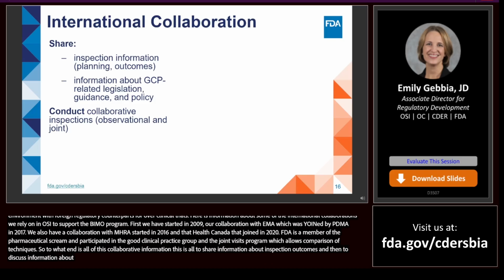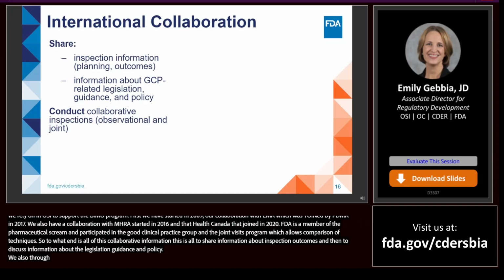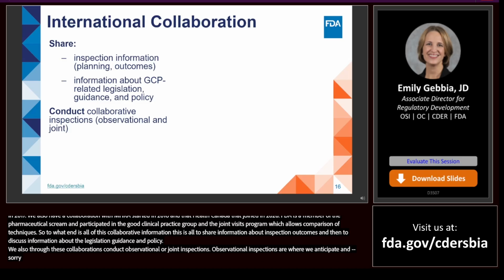We also, through these collaborations, conduct either observational or joint inspections. Observational inspections are where we will just observe another regulator's inspection, and joint inspections are where both regulators will be conducting an inspection of the same entity at the same time.